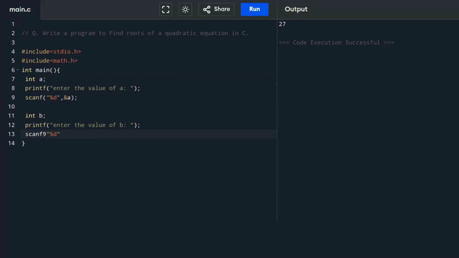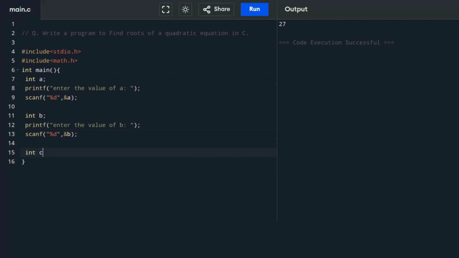Just a second, I made a small mistake right there. Alright, scanf percentage d and b. So yeah, similarly we will take input of c also.